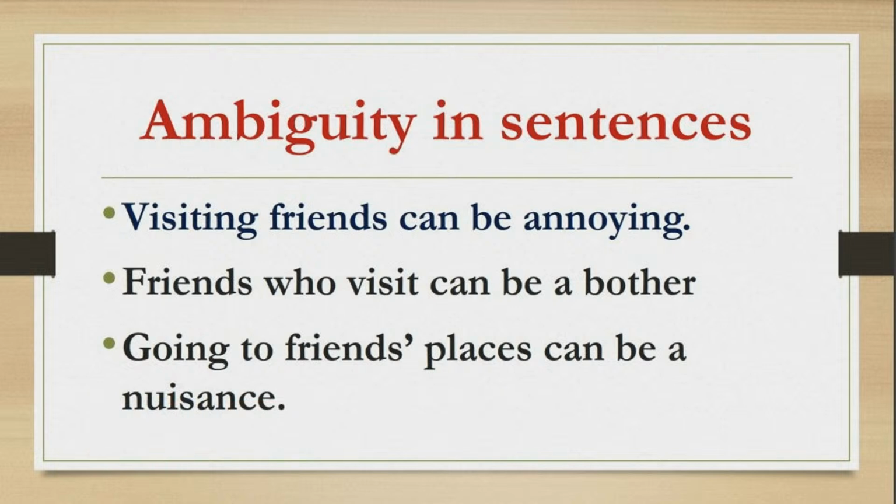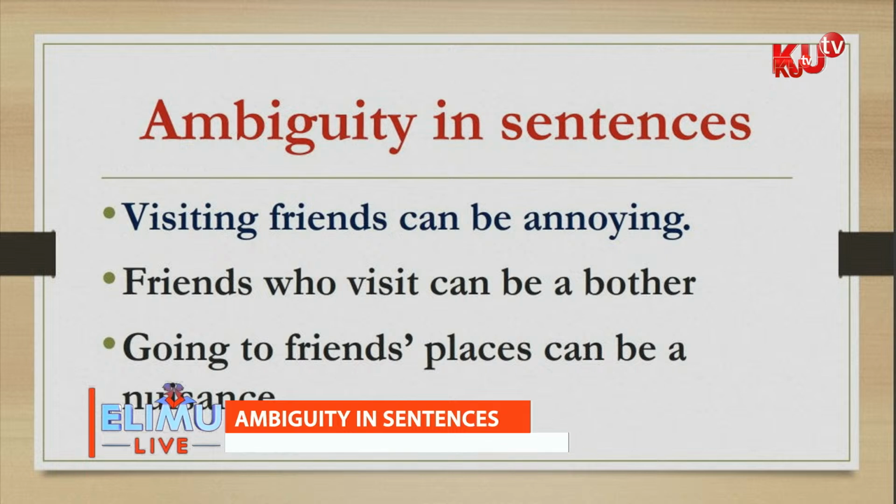So what are the two possible meanings of this statement? I want us to look at the sentence structure. Visiting friends can be annoying. The first meaning of this sentence is that friends who visit can be a bother.